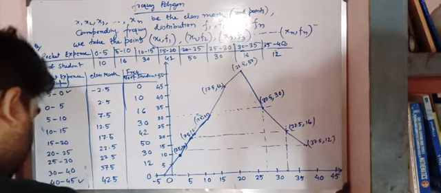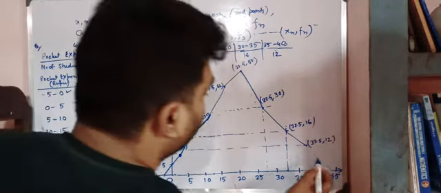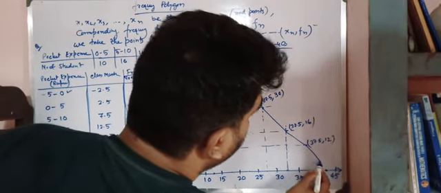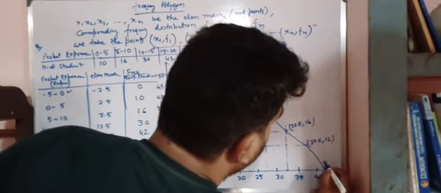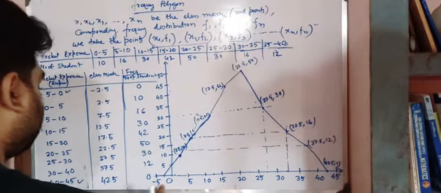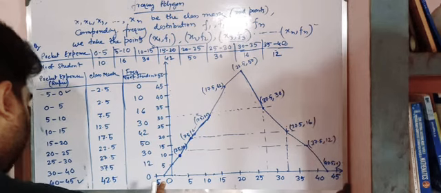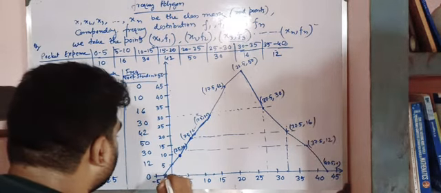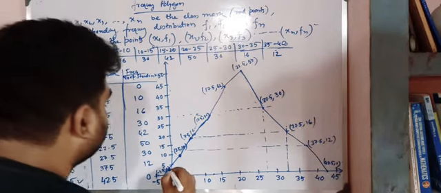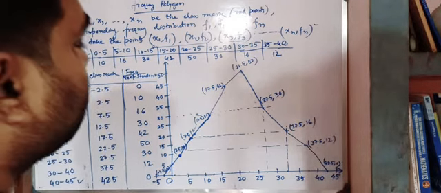Next 42.5, 0. This point. We are joining again that 42.5, 0. So this is my starting point, minus 2.5, 0. This point is minus 2.5, 0, and this point is 42.5, 0. Okay.